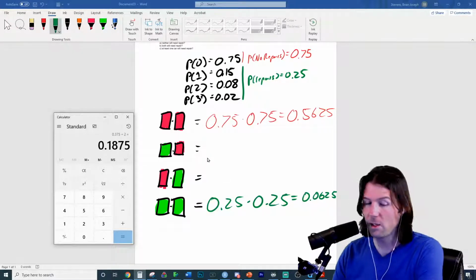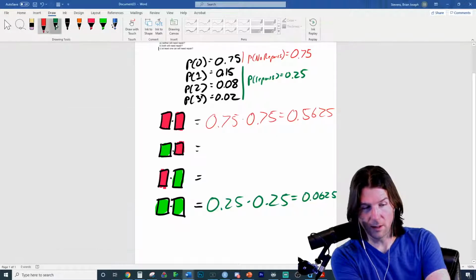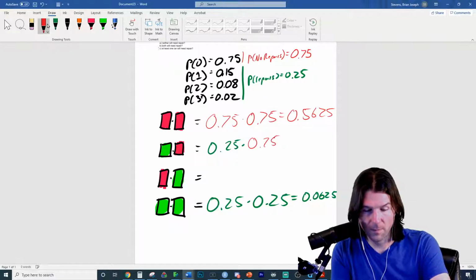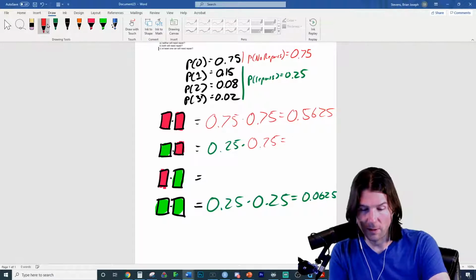So this right here is actually the probability of the first car not needing repairs and the second car needing repairs.